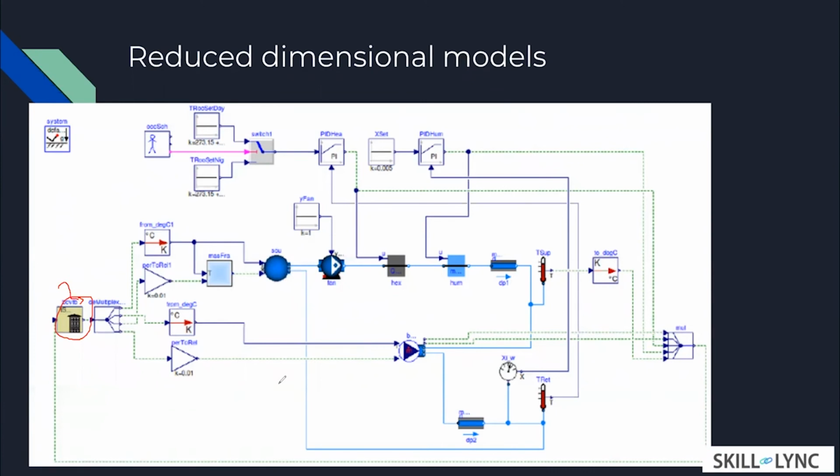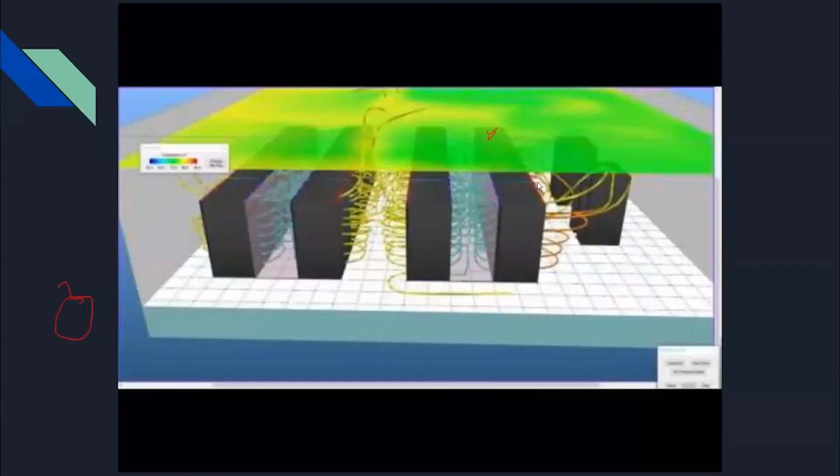For example, if there is a 3-degree change in temperature, how long does it take for the temperature to come back to normal? For that, reduced dimensional models are very good because these are super fast. You can run them in real time, and you can also run them at real time multiplied by a scaling factor. So these run very fast. You can do this on your laptop.